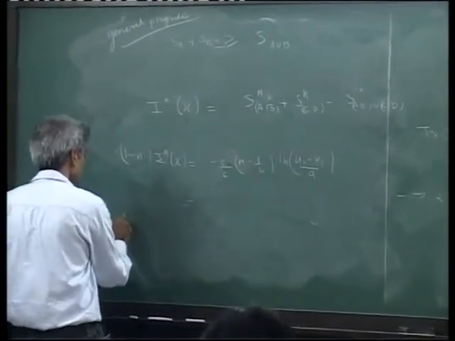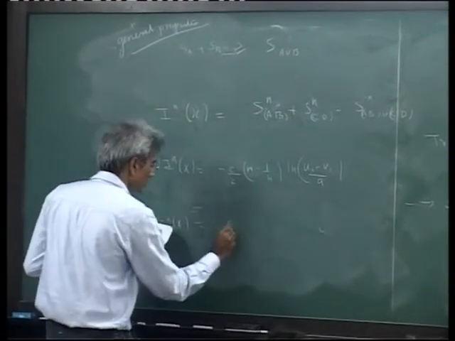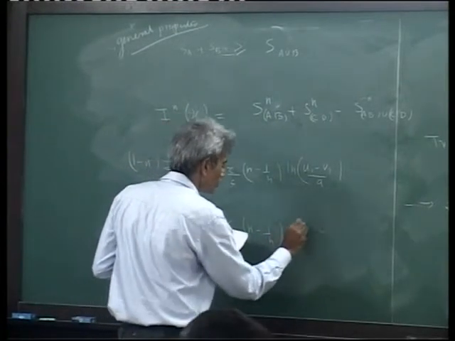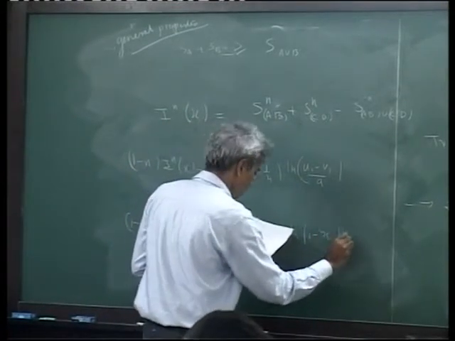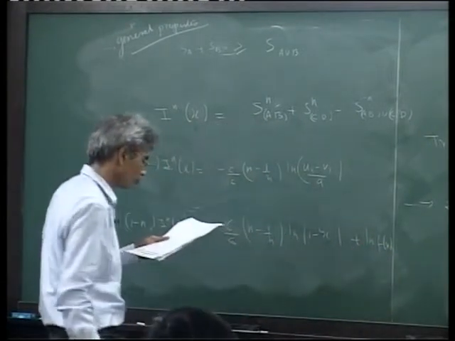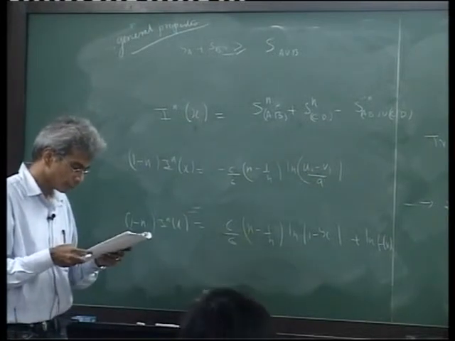So in fact, the answer is c by 6 times (n minus 1 by n) log of 1 minus x, plus log of f of x. It's the cross ratio. So it's a function of only the cross ratio. That is one of the things.